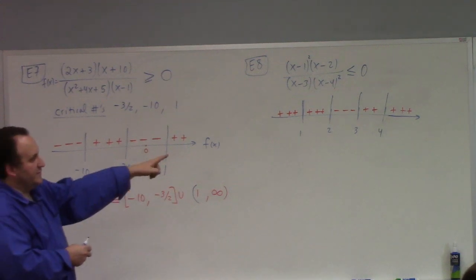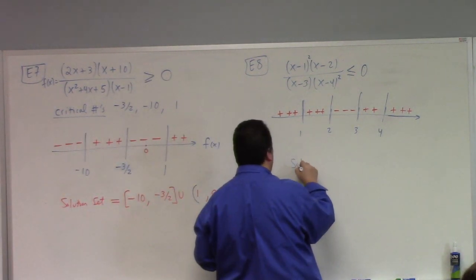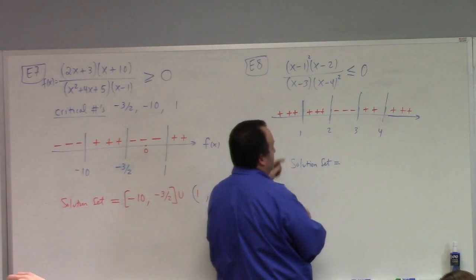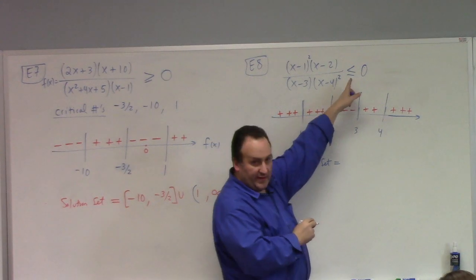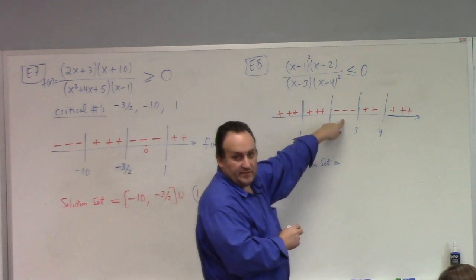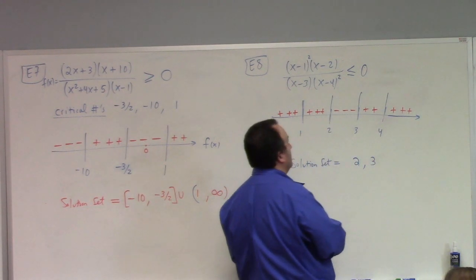How about this one? What would the solution set be over here? This time I'm looking for less than or equal to 0, right? So I'm looking for the minuses. Just here, right? So apparently 2 to 3. Now, do I exclude or include?